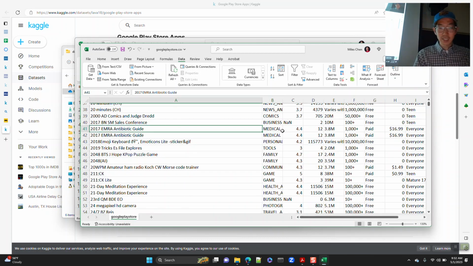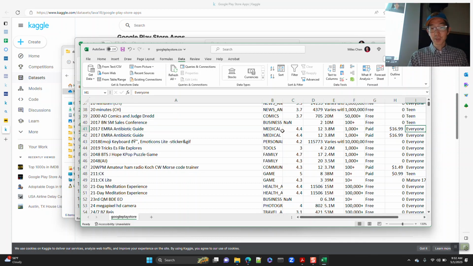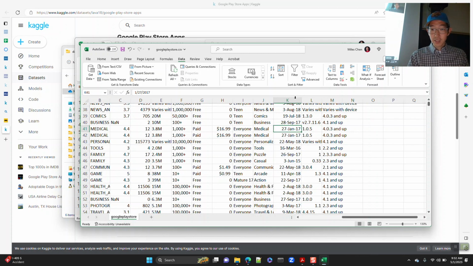And so we have this EMRA antibiotic guide, I don't know what this is, with this rating, and you can see we have a duplicate entry.